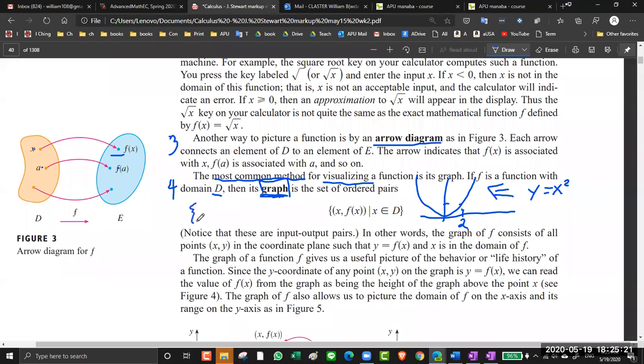This means the set of all x comma f of x, the set of all ordered pairs where x is in the domain. Does that make sense to everyone? Or should I explain that further?